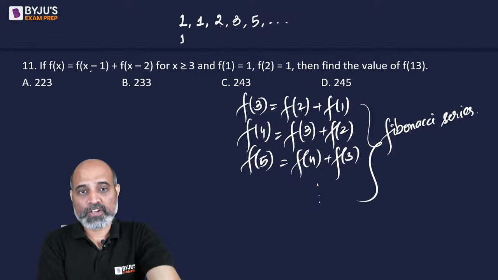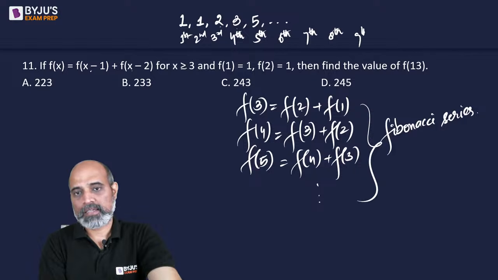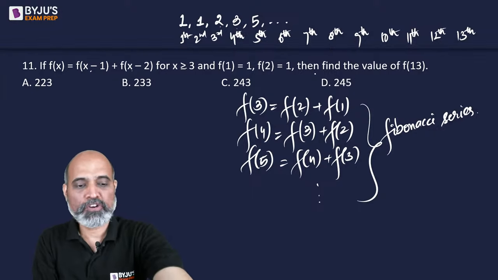So this is your first value, this is your second value, this is your third value, fourth, fifth, sixth, seventh, eighth, ninth, 10th. पेशेंटली 13th निकाल लो, ठीक है? कोई फॉर्मूला की जरूरत नहीं है, किसी भी फॉर्मूले की जरूरत नहीं है.